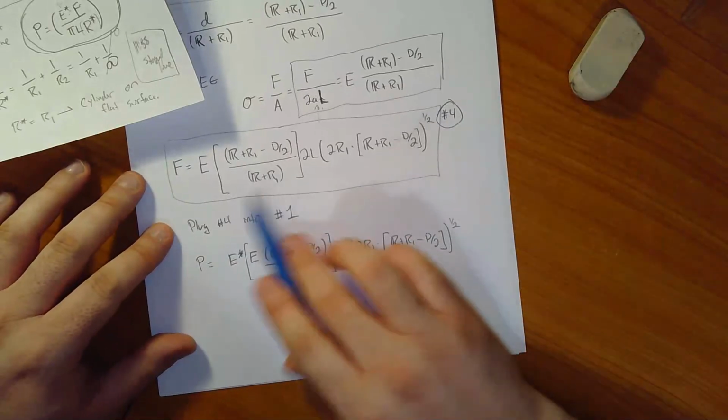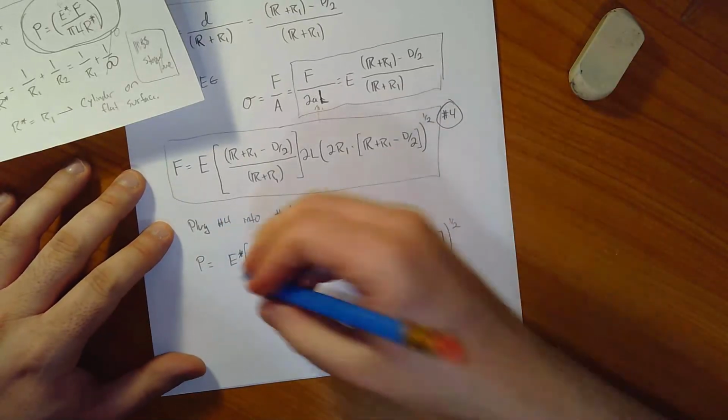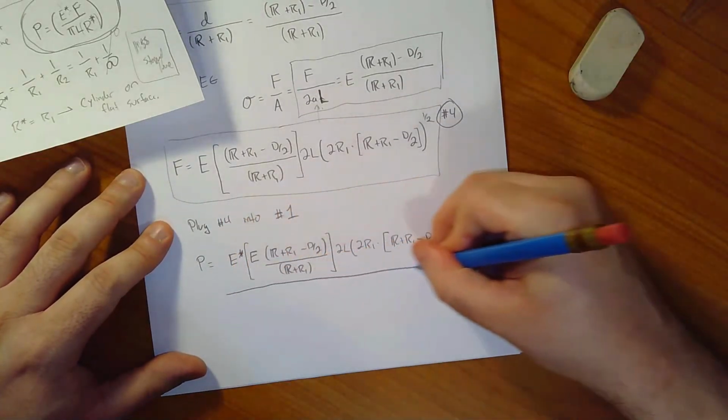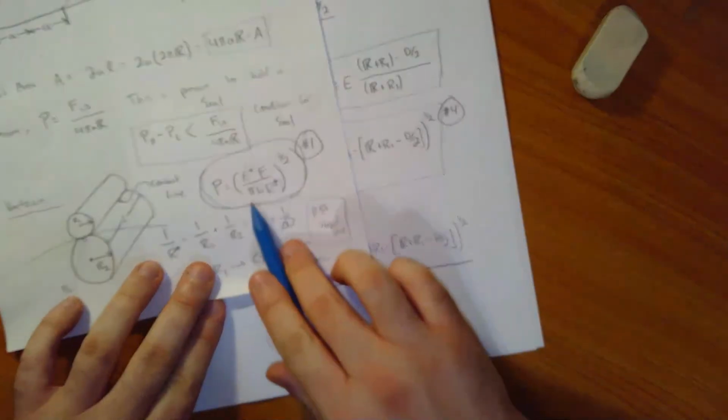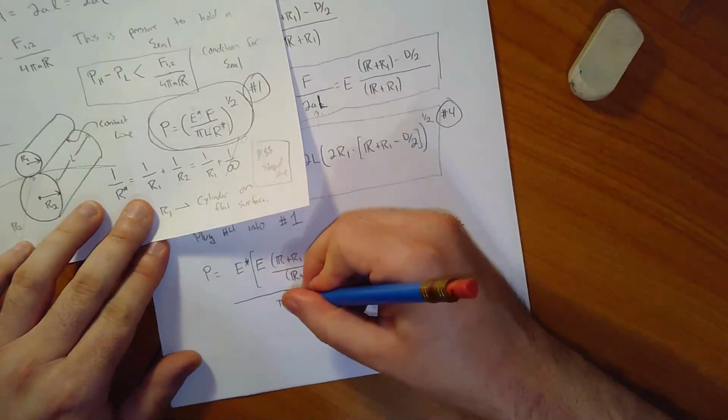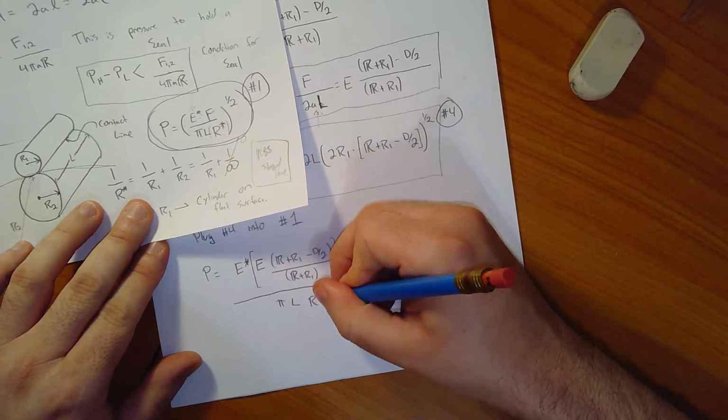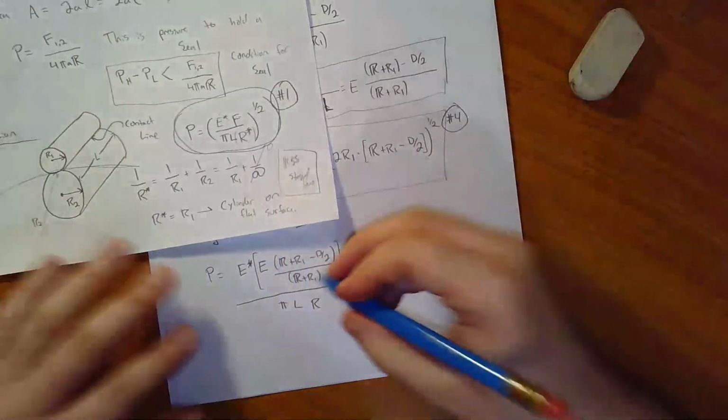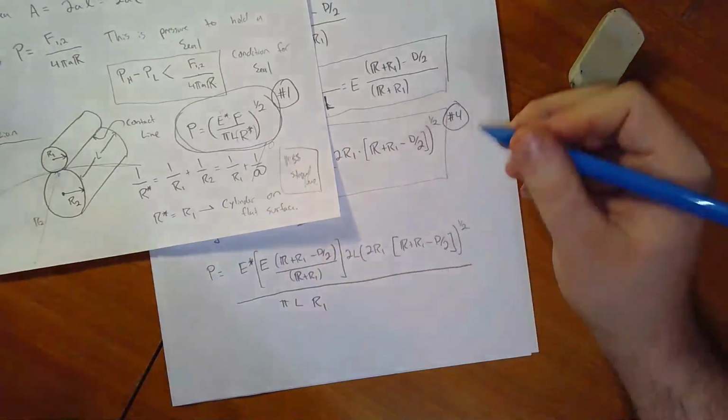Okay, right, I've got this all copied down. And now it's going to be divided by, because we're going back here, pi L R star. But what's R star? R star is just R1. We figured that out before, so R1.